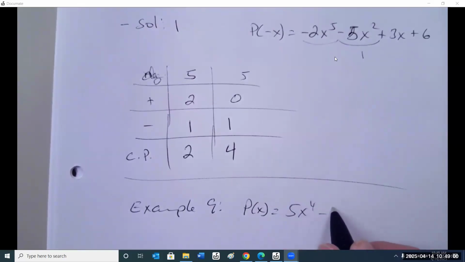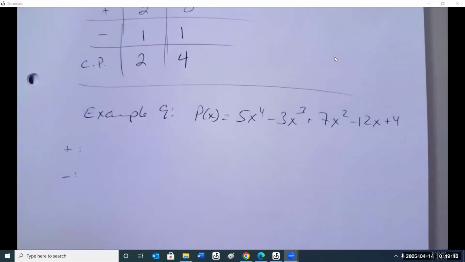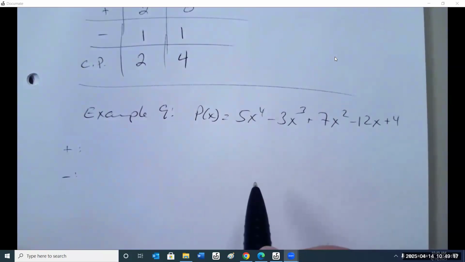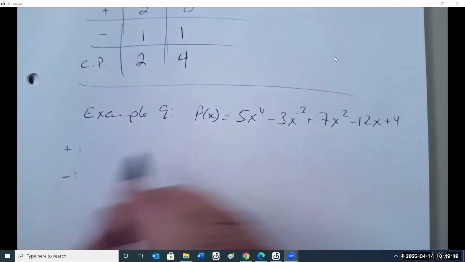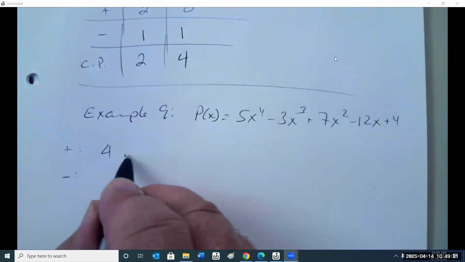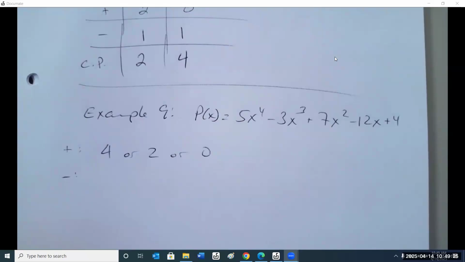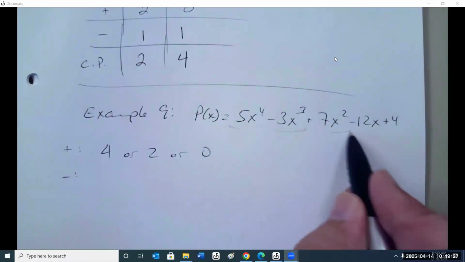5x to the 4, 3x cubed, 7x squared, minus 12x plus 4. So how many positives and how many negatives? So it's 4, or 2, or 0, because it's 1, 2, 3, 4.